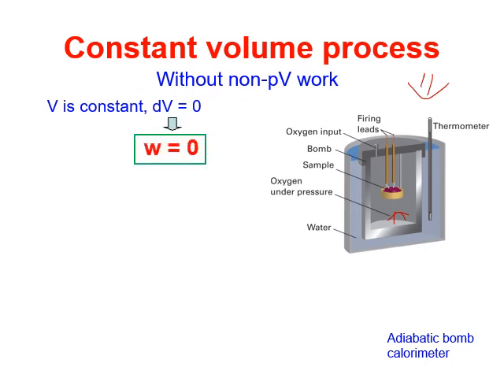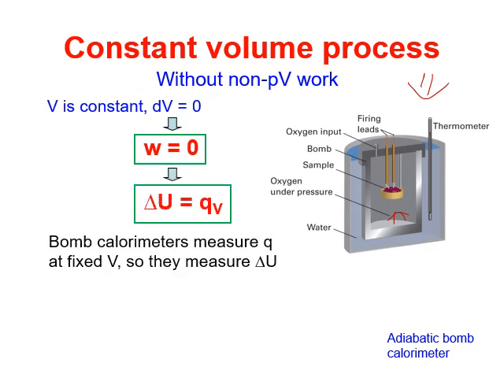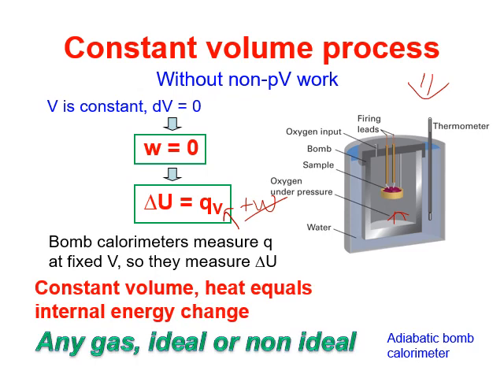The first law says delta U equals Q plus W, but W is zero, so delta U equals Q. V means constant volume. So constant volume heat equals internal energy change. This comes from the first law of thermodynamics. Therefore, this applies to any gas, ideal or non-ideal.